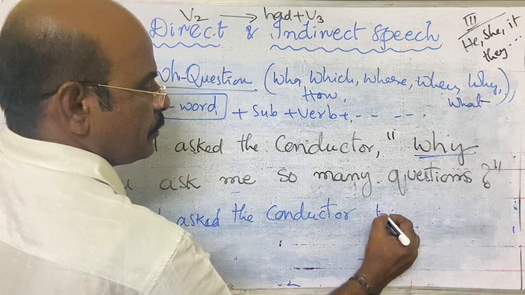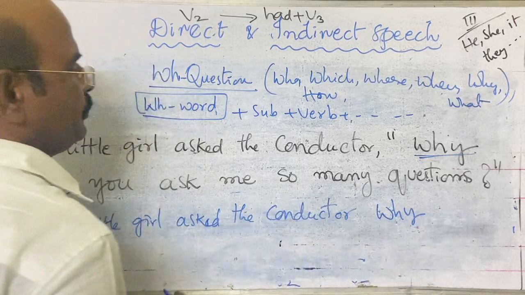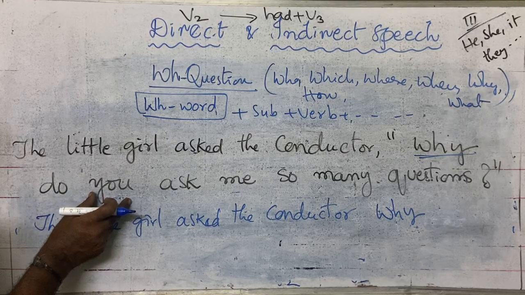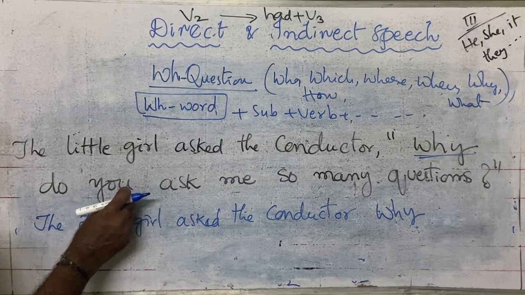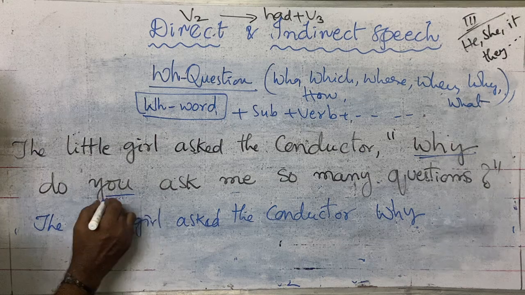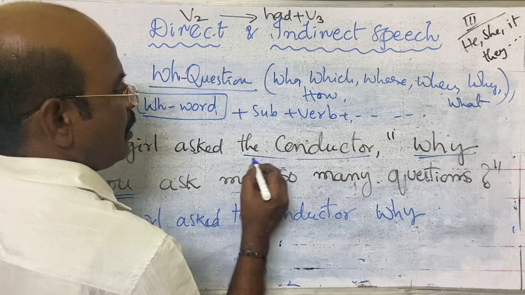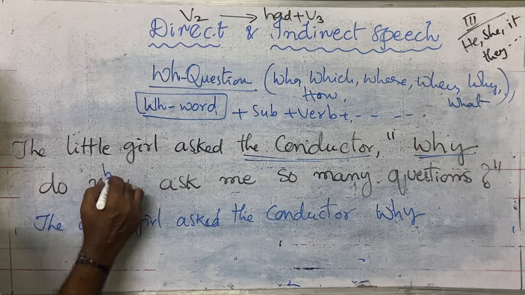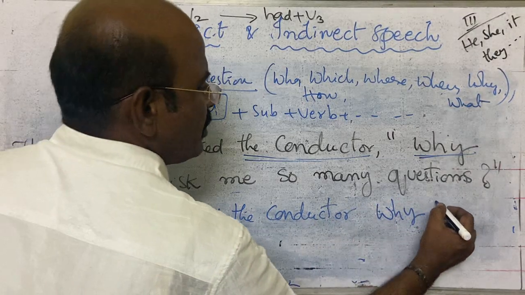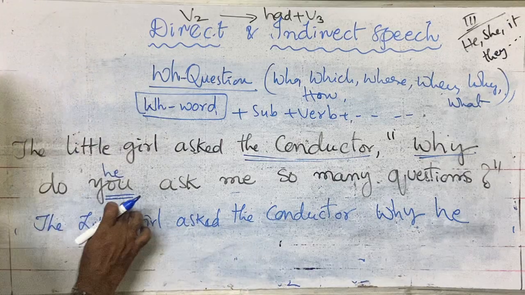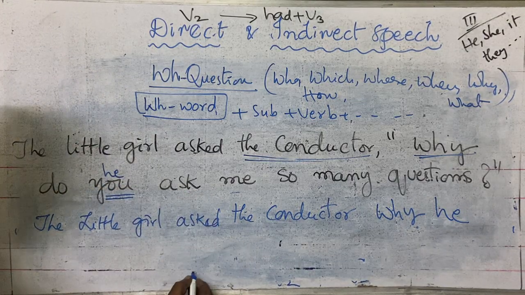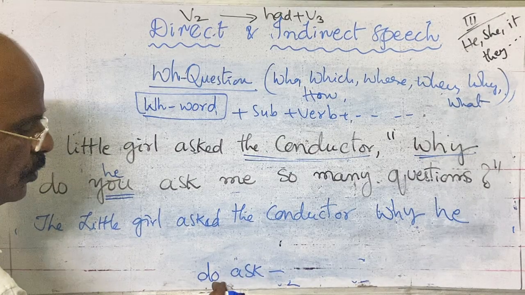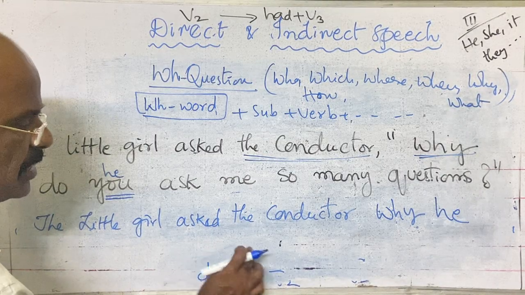What is the conjunction here? Why. This is one. Next, the subject you. After the subject, no you. You means who is before that? The conductor. Now talking is only the little girl, so he. The verb is do ask. It is already explained, once again explaining: do is the present tense, so totally it is present tense.